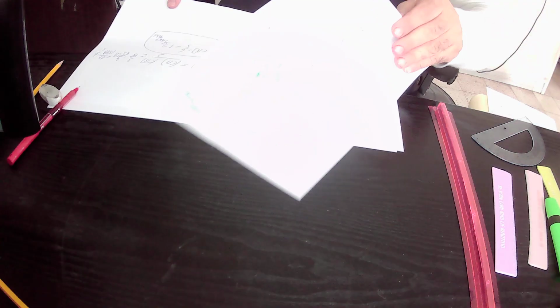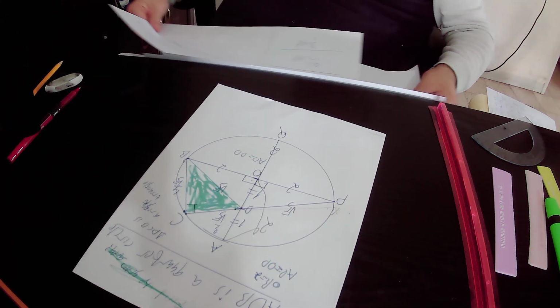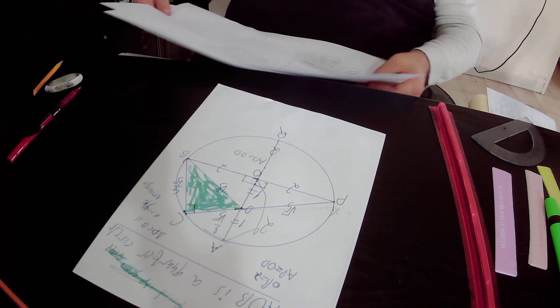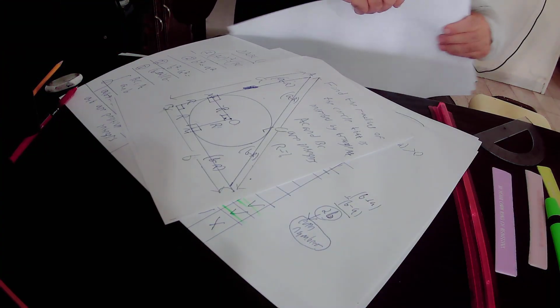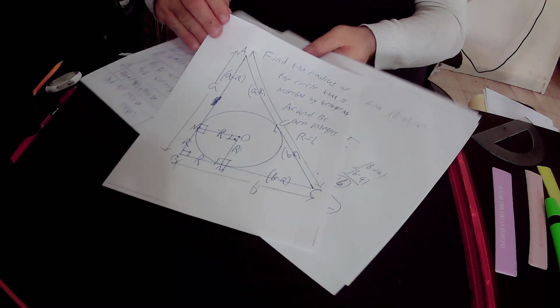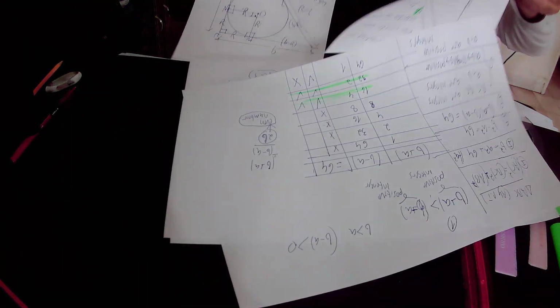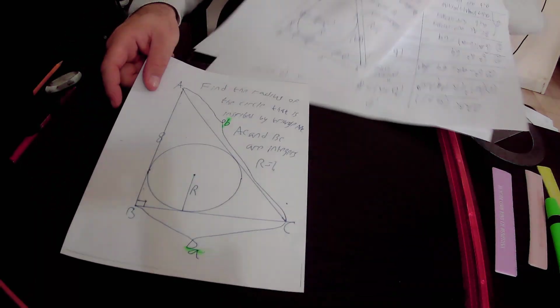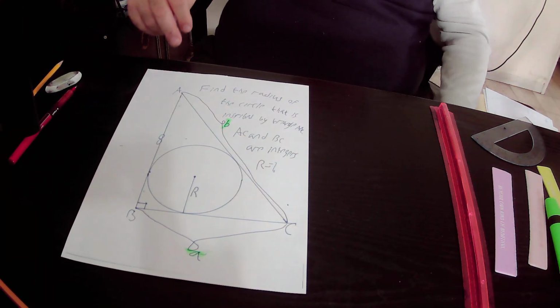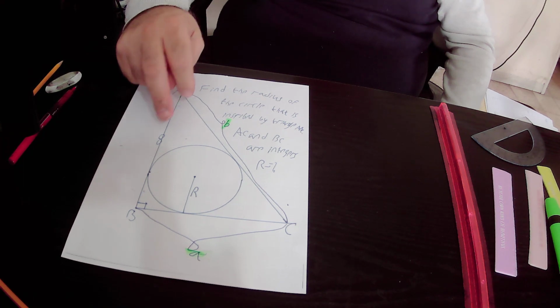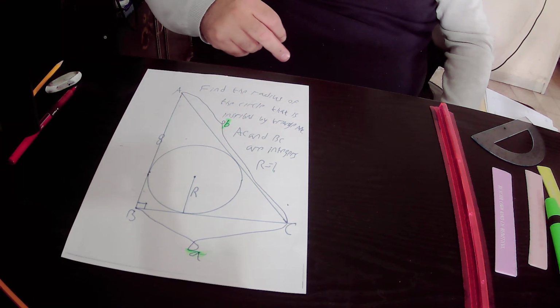So in the drawing, we have a right triangle, triangle ABC, side AB equals 8 units, side BC and side AC are integers.